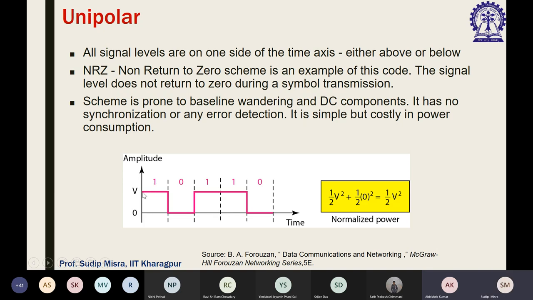The 1 bit will be represented as plus V voltage. 0 bit as 0 voltage. 1 bit as plus V voltage. 1 bit as plus V voltage. 0 bit as 0 voltage. Very simple. But this mapping between the bit and the corresponding voltage level is very crucial.